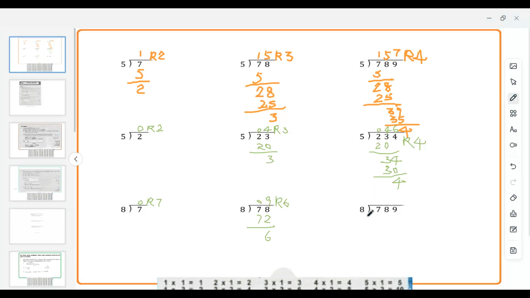The last one, 789 divided by 8. 7 is too small for the 8. Then 78, there are 9 eighths in 78 because 9 8 is equals 72. 78 take away 72, left over is 6. 6 is too small for the 8. 9 comes down.